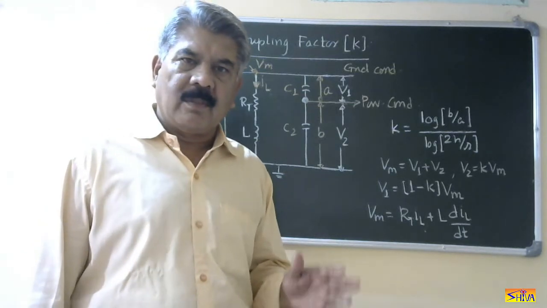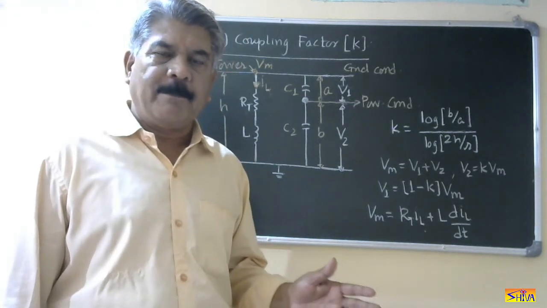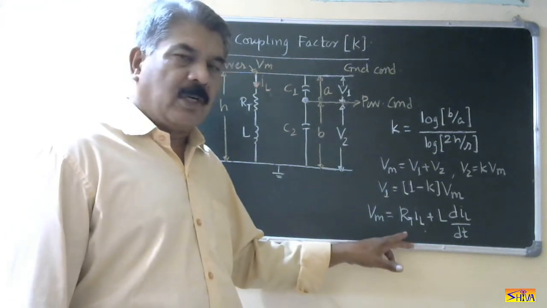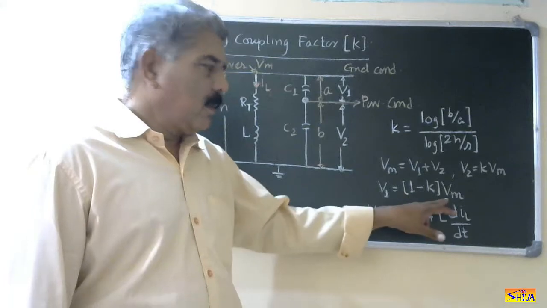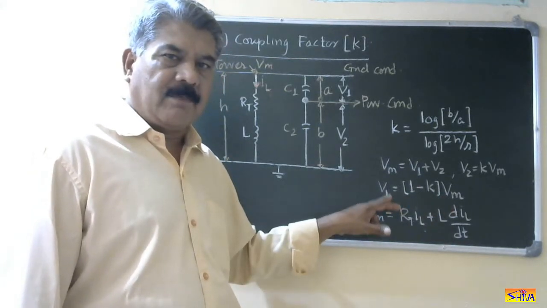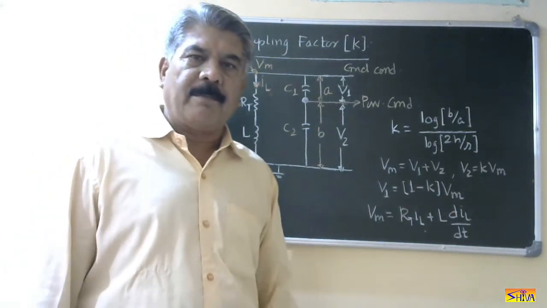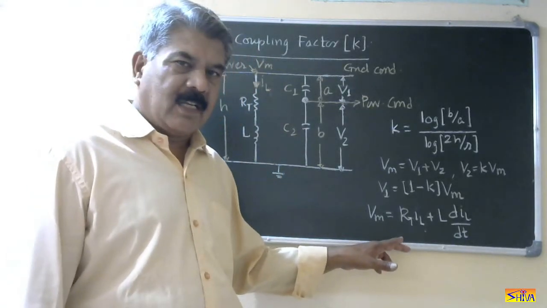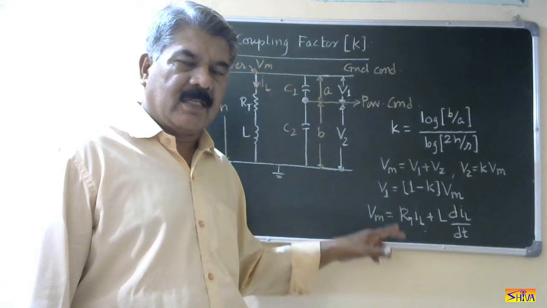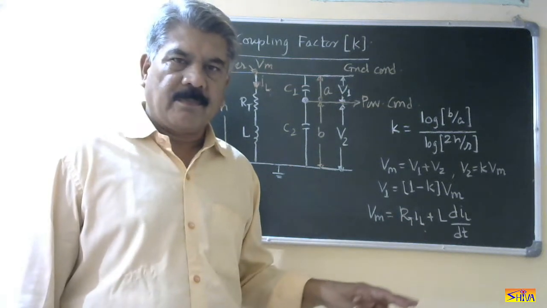This is how this tower footing resistance affects the back flashover. So we have to reduce the tower footing resistance. If this is reduced, Vm will be less, if Vm is less, V1 will be less, if V1 is less, probability of back flashover will be less. So in next class, I will explain how this tower footing resistance is reduced.